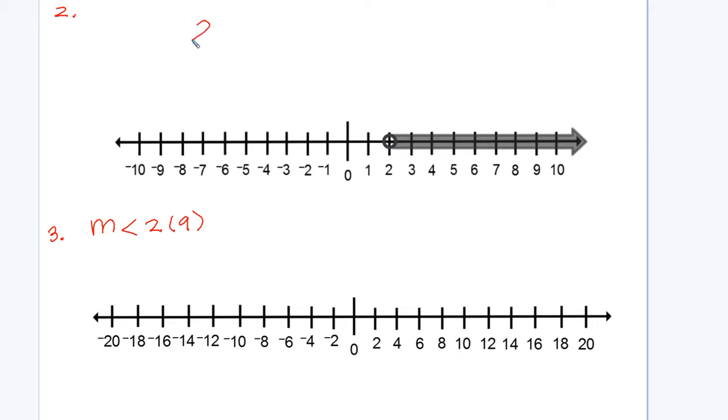So I'm going to write 2 because this is where I got this from. Okay, open circle. Now I'm not sure which way to go, but I'm going to put a variable.